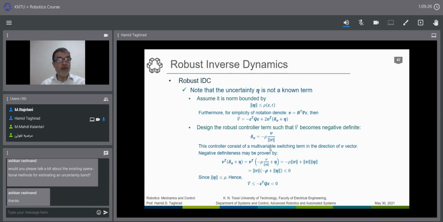If v is equal to 5, it is 5 divided by 5, so it gives a positive gain always. If it is minus 5, divided by the norm of v, which is exactly 5, minus 5 divided by 5, it gives you minus 1, the sign of v.